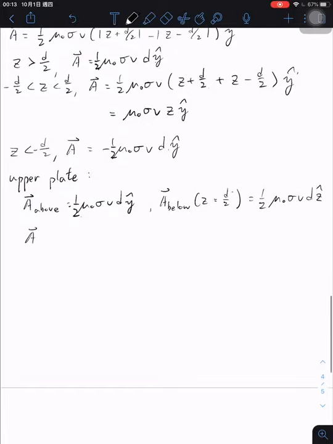So for the upper plate, for the vector potential across the surface, we can obtain the first boundary condition: the vector potential across the surface is continuous. And for the lower plate, again, for the vector potential above, we substitute z equals minus d over 2.